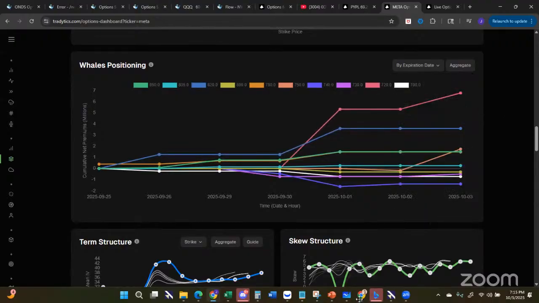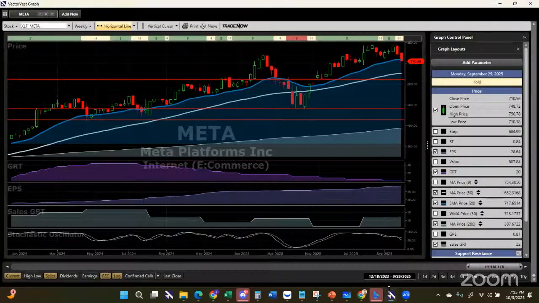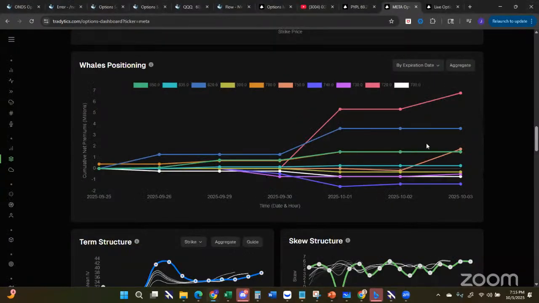Targeting 720, so it can go back up, but not too much though. Whales are targeting only 720 on this, and they have made enough money on this. Well, there are some whales actually targeting 820 also. Okay, so that's nice, looking better.